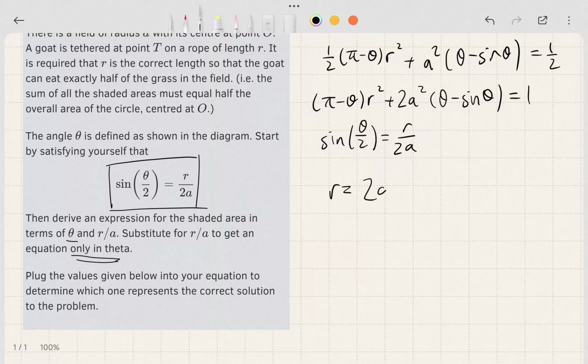So r would be equal to 2a sine of theta over 2, so r squared would therefore be 4a squared sine squared of theta over 2.